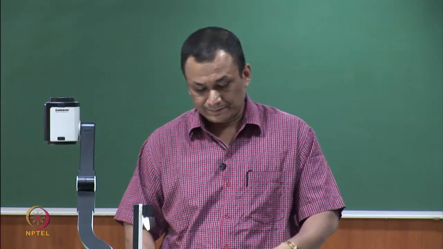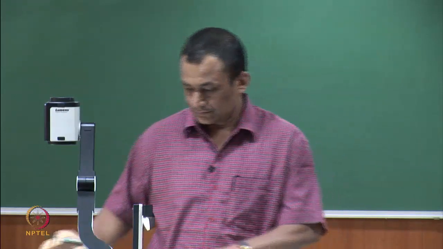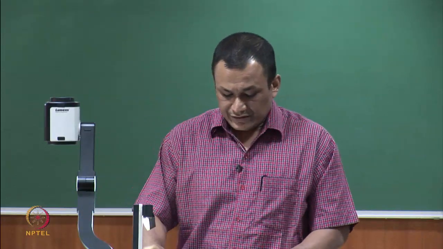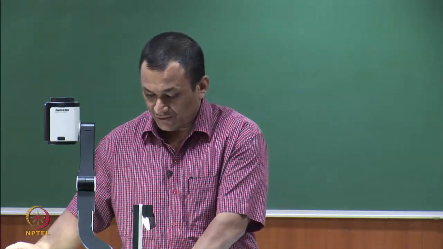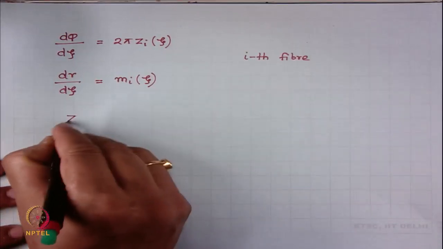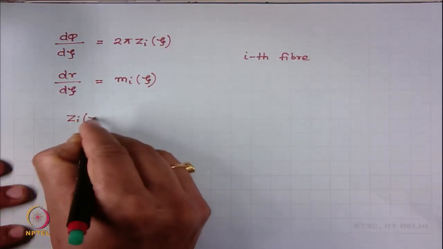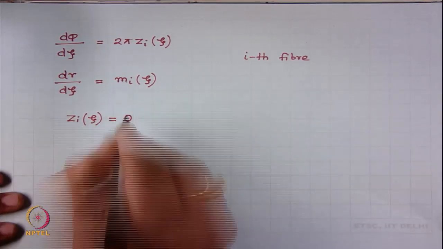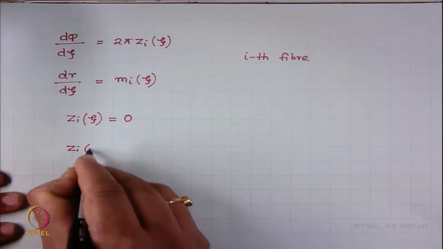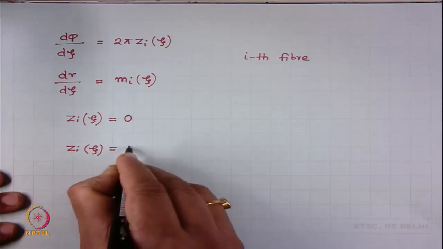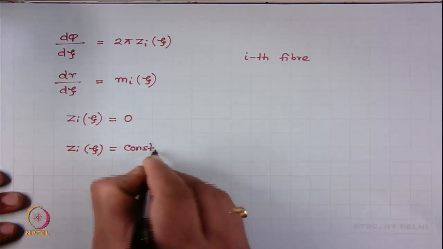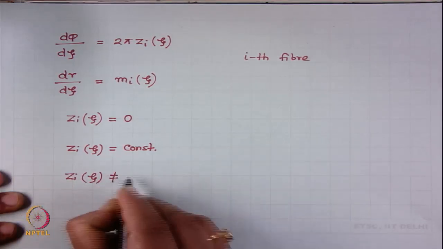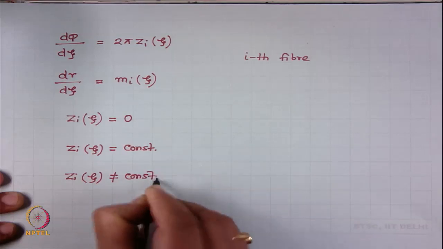How do we do that? These two functions: this can be equal to 0, this can be equal to constant, this function cannot be constant.